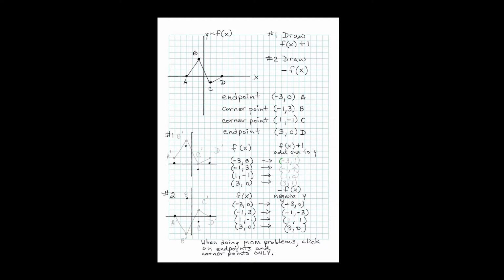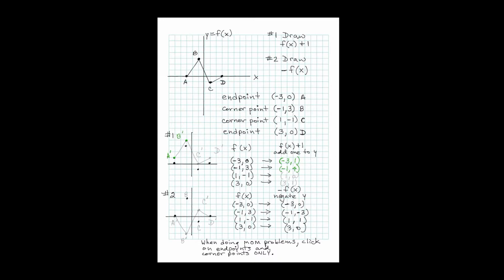That moves point A to the position -3, 1. I'm going to call that A prime since it's not the original A. And it moves point B to the position -1, 4. And I'll call that B prime.